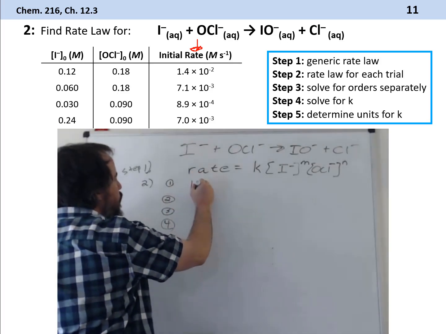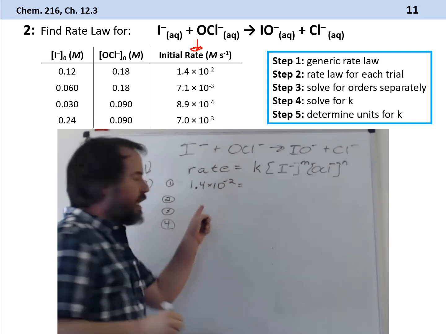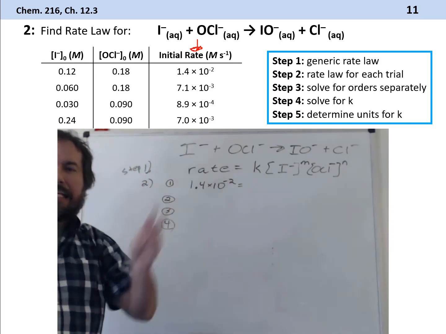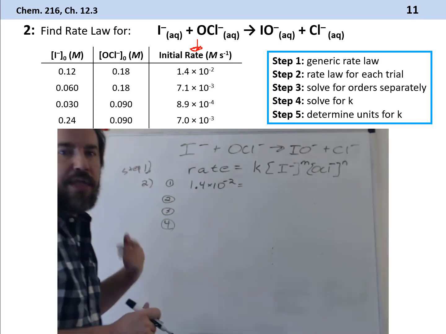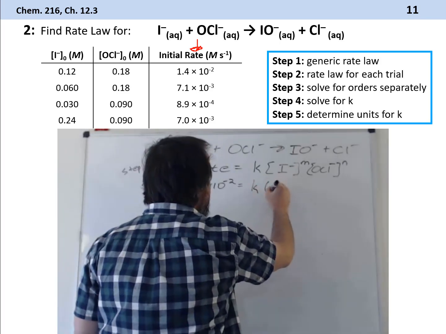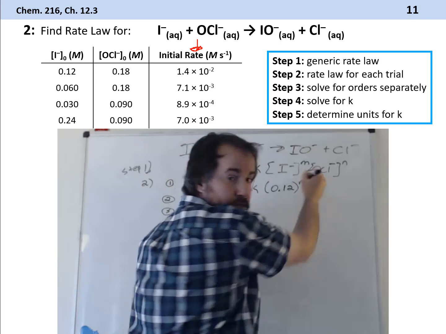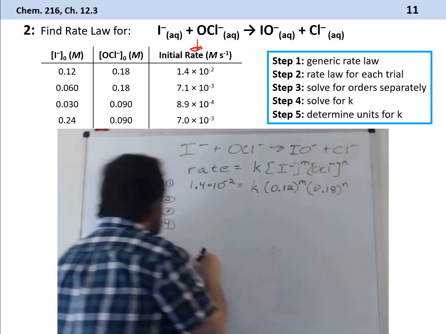So that's 1.4 times 10 to the minus 2. I'm not going to include the units now. I know I've harped on that a lot, but it's easier just to do without units and then use the units later. Okay? So this equals K times 0.12 to the M times 0.18 to the N.